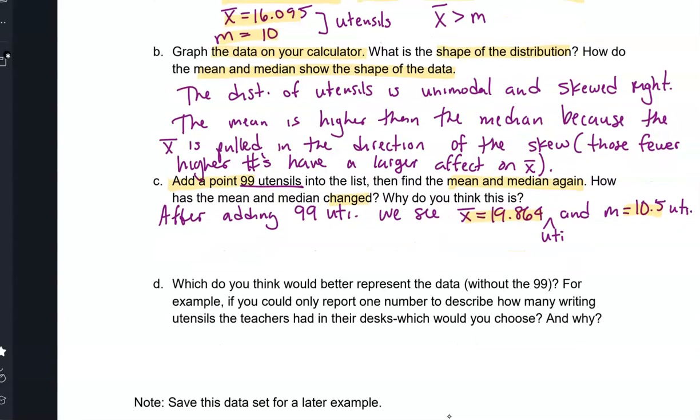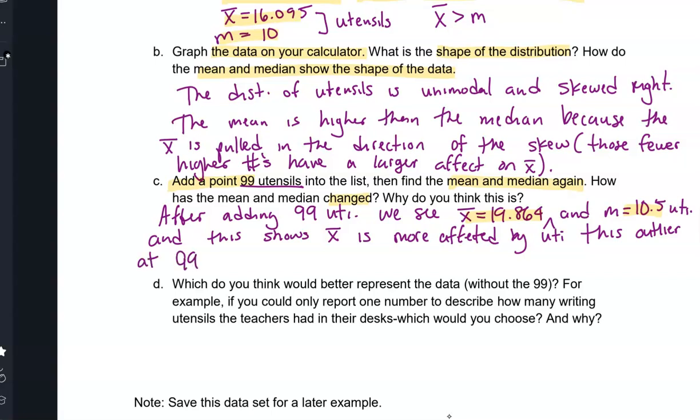So this shows that the mean is more affected by this outlier at 99 utensils compared to the median.